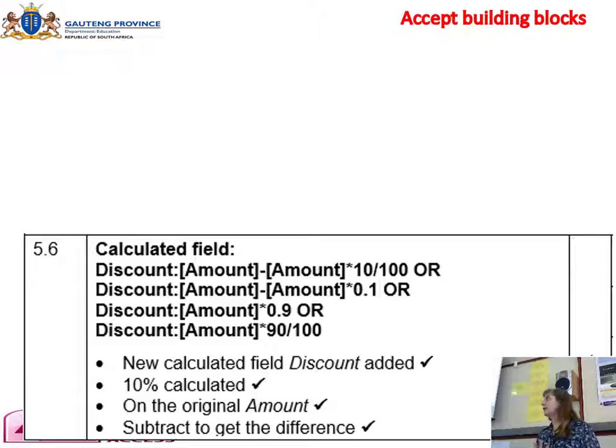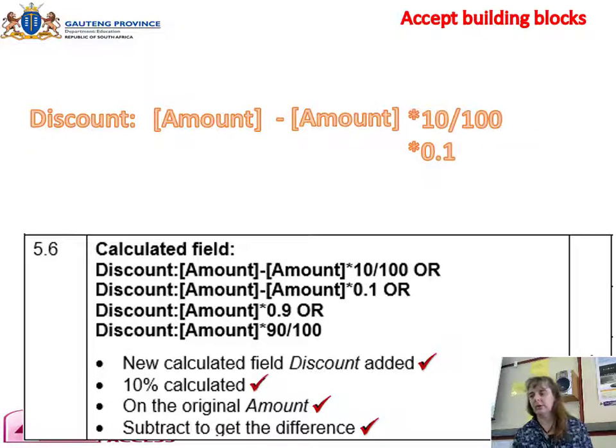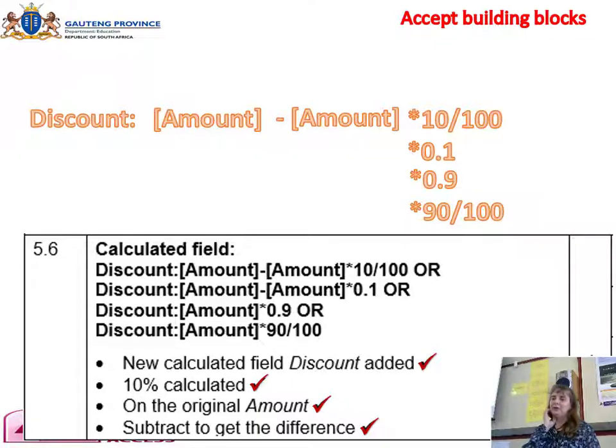So please, you can even teach your kids to do building blocks, even in Excel. So what we do with the discount amount, there we go. So that's the first. There's the options.